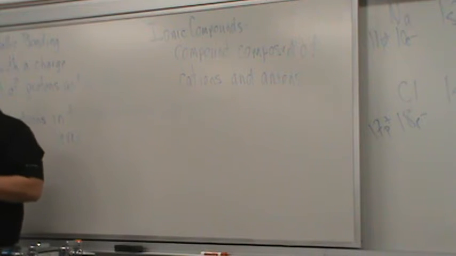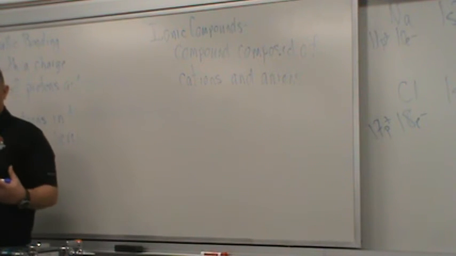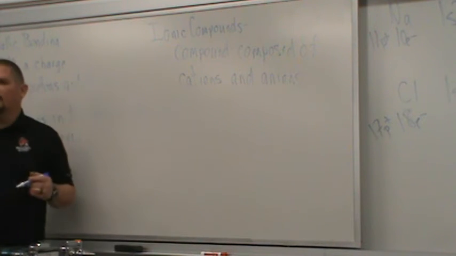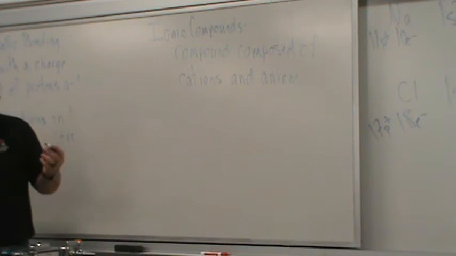And when we make compounds, we're going to have some kind of bond in it. So we made an ionic compound. Guess what kind of bond we're going to have? Ionic bond.